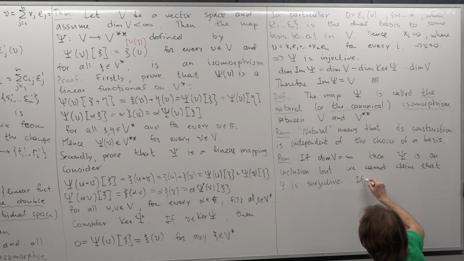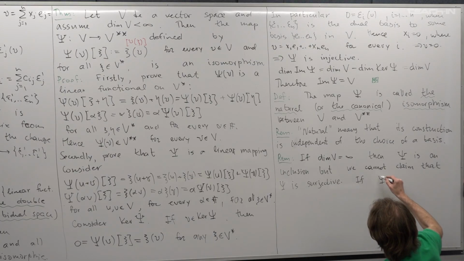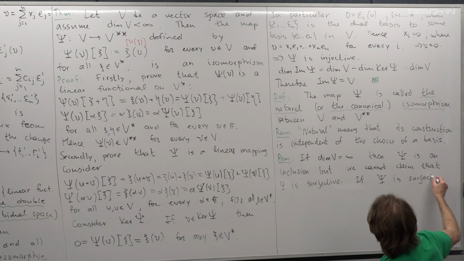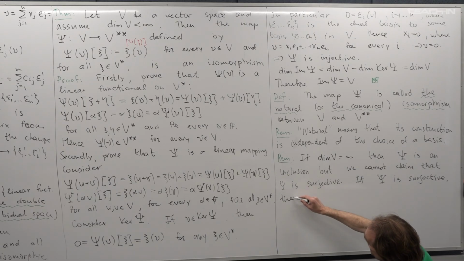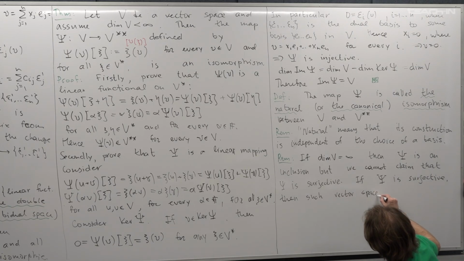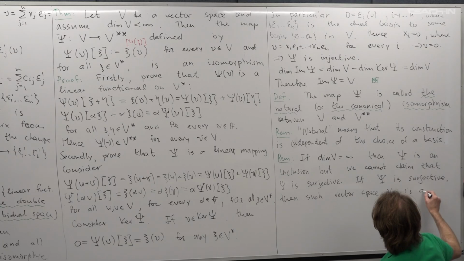And if psi capital is surjective, then such vector space V is called reflexive.